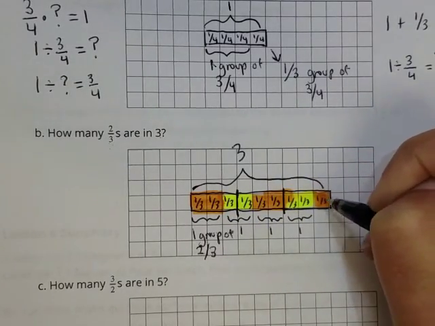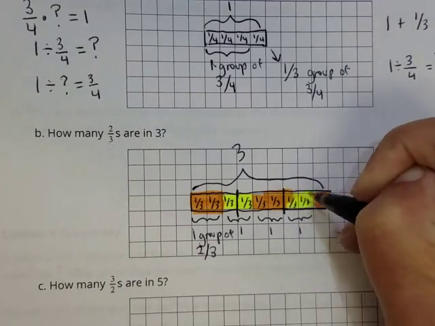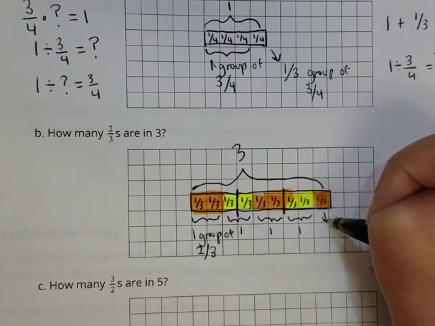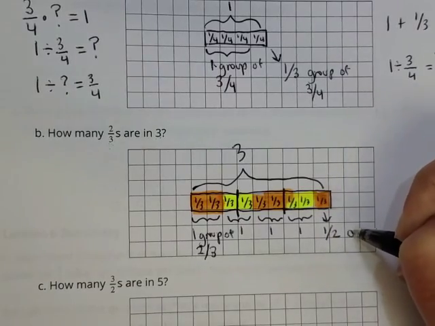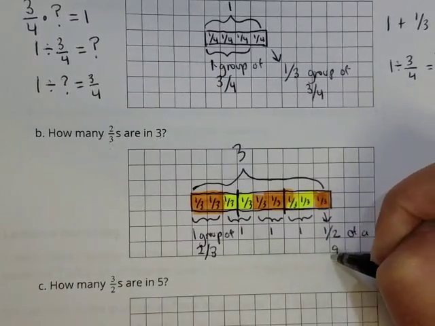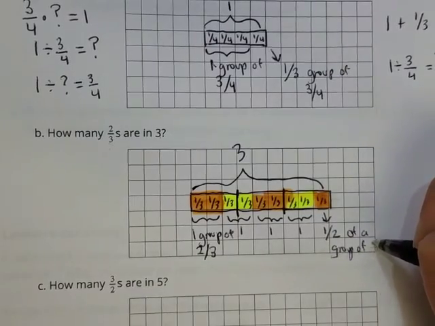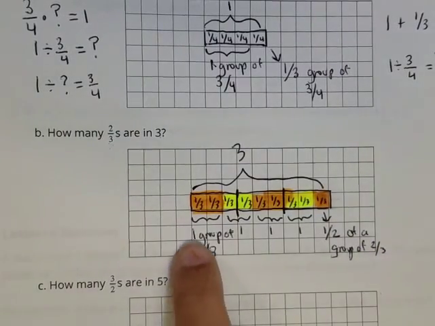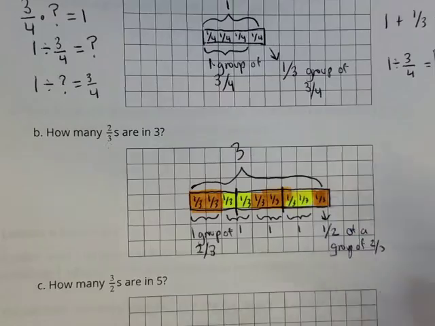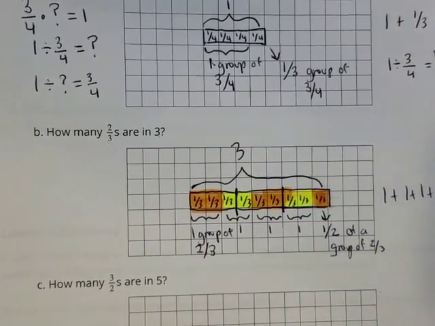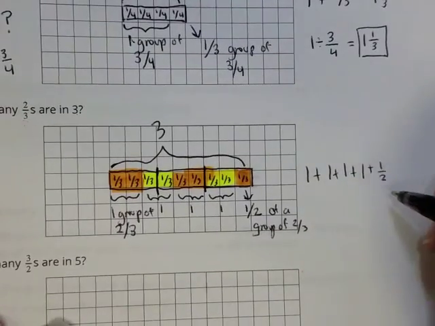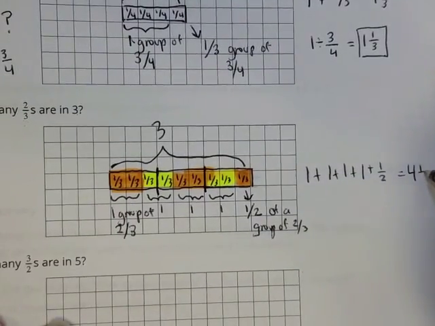But this is 1 out of the 2 I need, so he's 1/2 of a group of 2/3. So I have 1, 2, 3, 4 and a half. 1 plus 1 plus 1 plus 1 plus a half gives me 4 1/2.